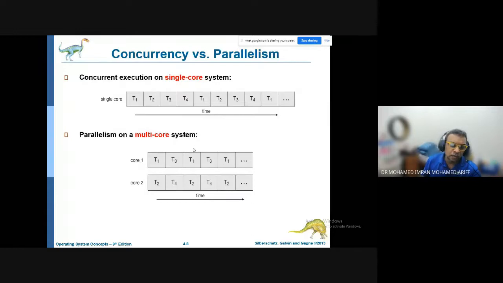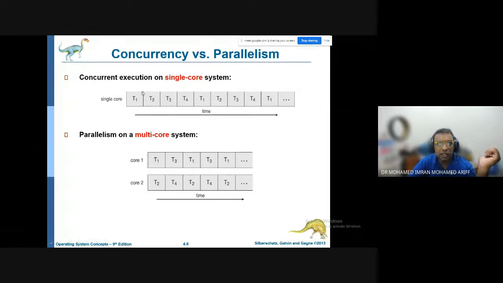So go back to this slide. What this means is, in a single core, since you are only allowed to run one particular process and one particular thread, the operating system, since you have many threads at some times, allows the user to run one thread for a single period of time.